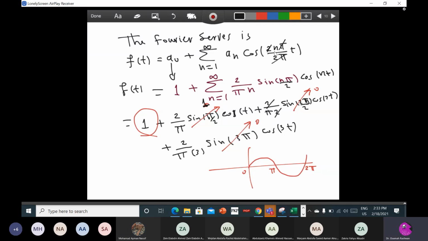Sine pi will equal to what? 0, right? Sine 3 pi over 2 will equal to what? Minus 1, right? Is it correct? Tamam?